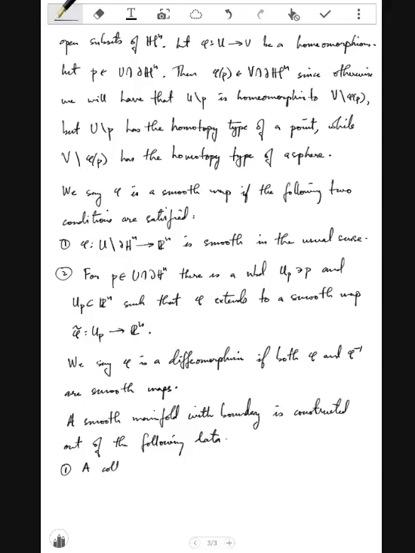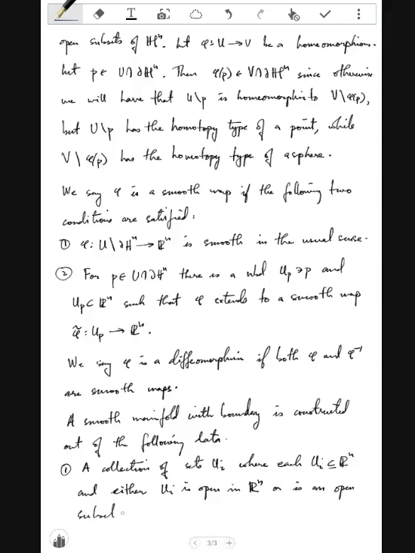A collection of sets Ui where each Ui is contained in Rn, and either Ui is open in Rn or is an open subset of Hn.